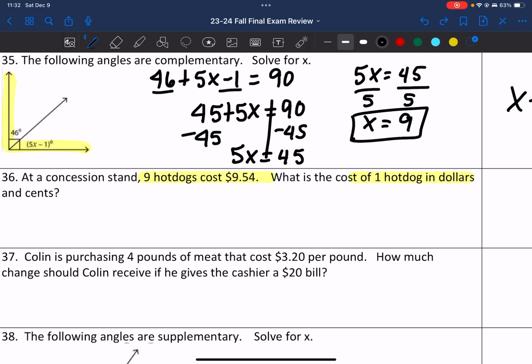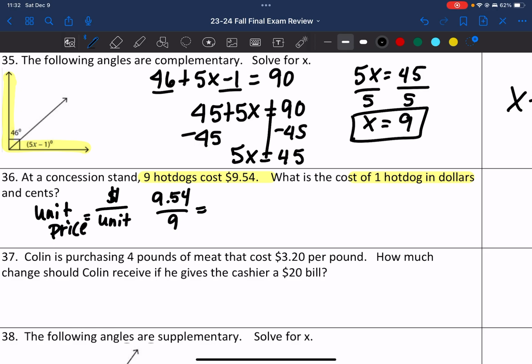Anyways, what we're doing is, it's going to be the money divided by the unit, I believe. This is unit price. Okay, so what we're doing is we're taking $9.54 and we're dividing it by 9 because we're wanting to find out how much 1 hot dog costs.